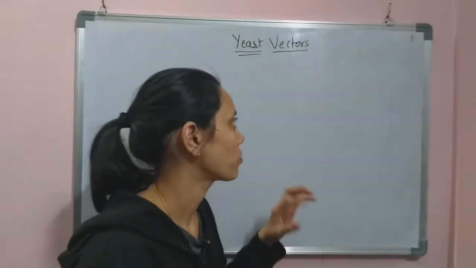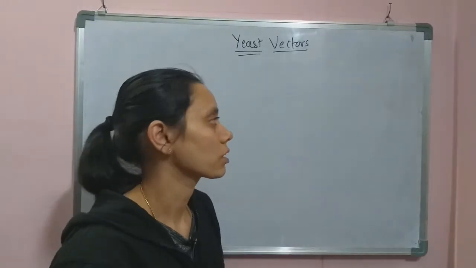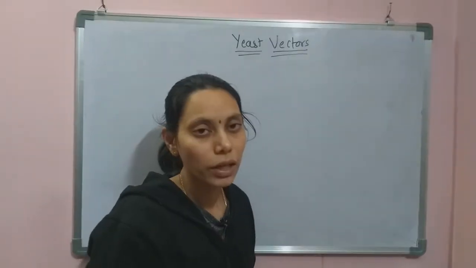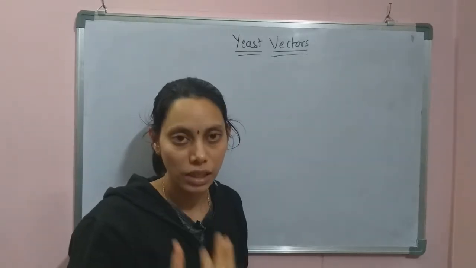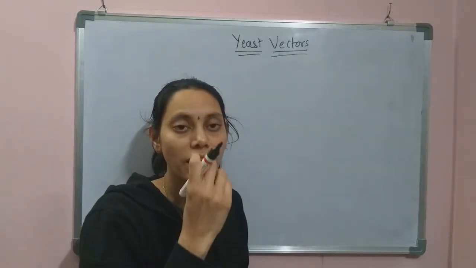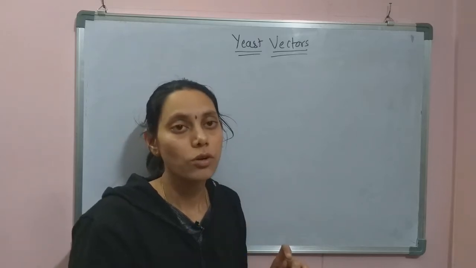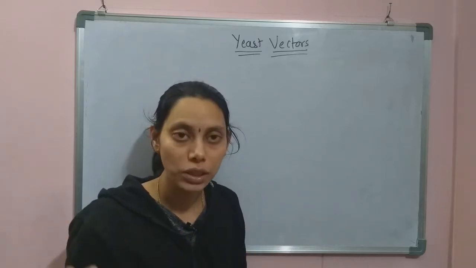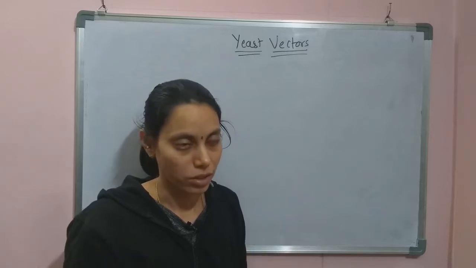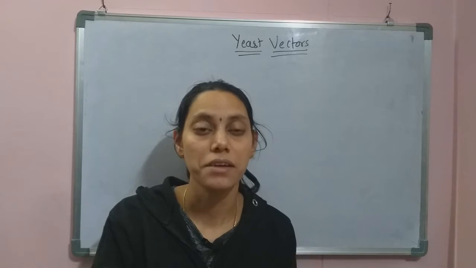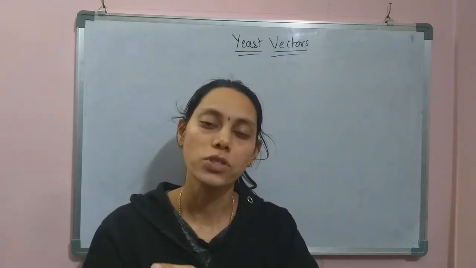So coming to the first point, these yeast vectors are kind of molecular vectors. A molecular vector is nothing but a carrier DNA molecule which carries the target portion of DNA or a target gene to the host organism that is going to be genetically modified. So it just transports or carries the target DNA to the host organism.